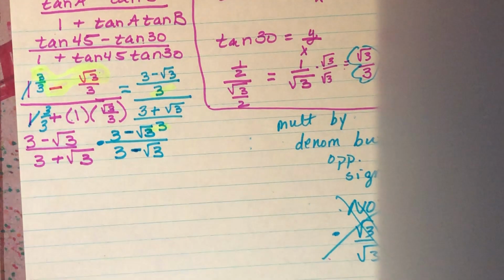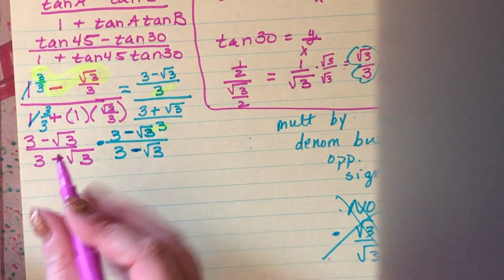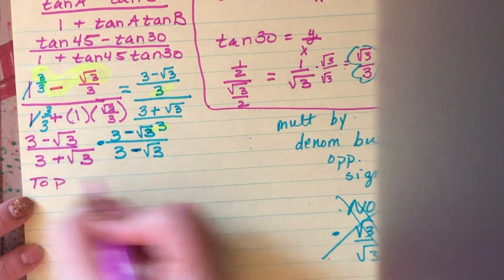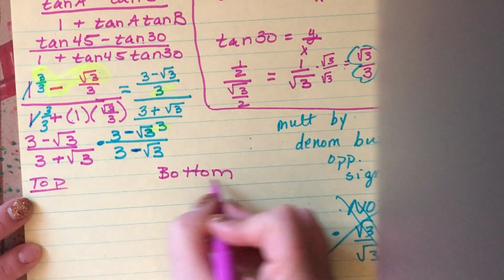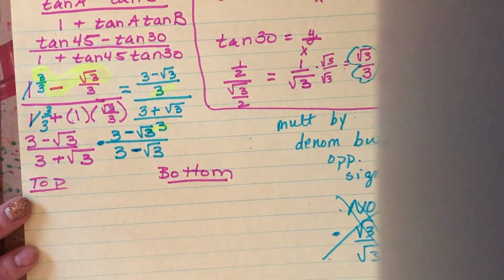Okay, now we're going to multiply out the top and the bottom. Let's go. I think I'm just going to kind of organize it over here. Let's multiply the top. I have to FOIL.